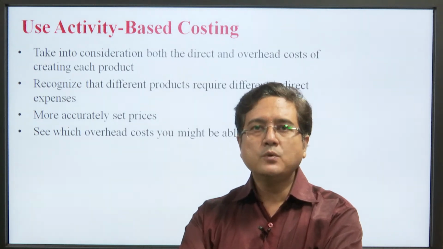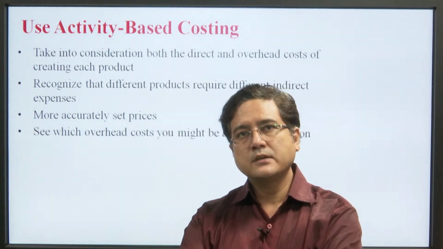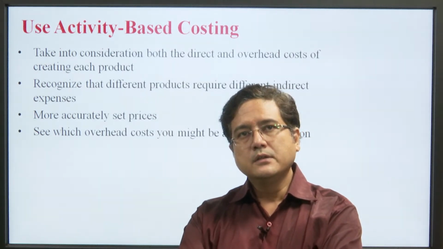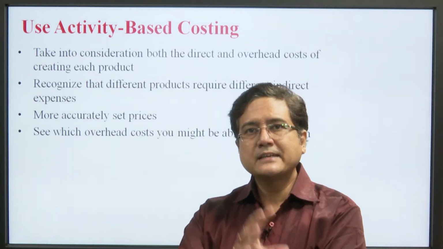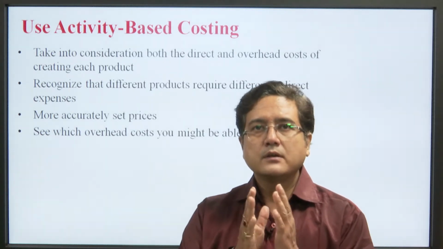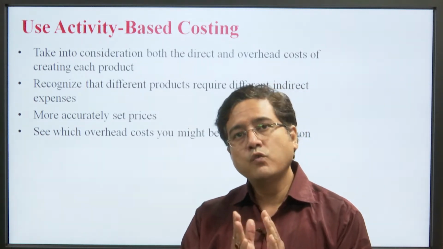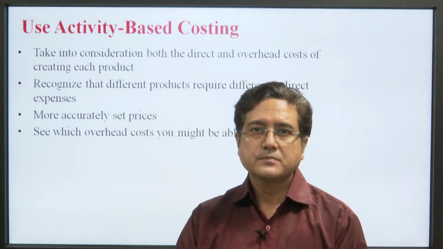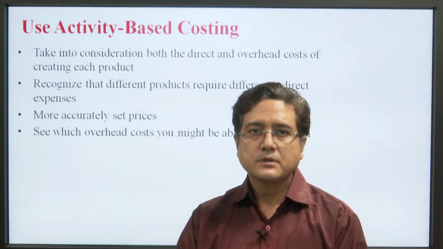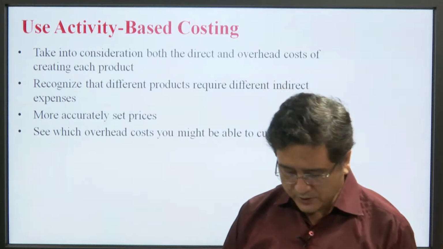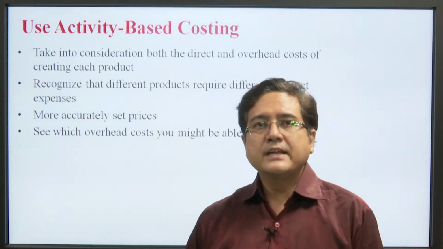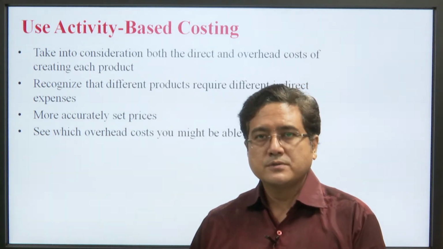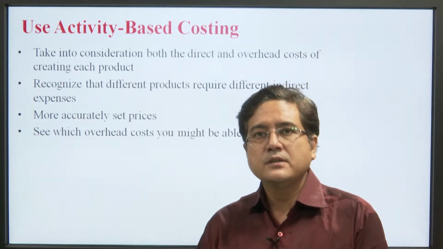Activity based costing takes into consideration direct cost and overhead cost. When we consider the direct cost and overhead cost properly, we can easily find out the total cost.